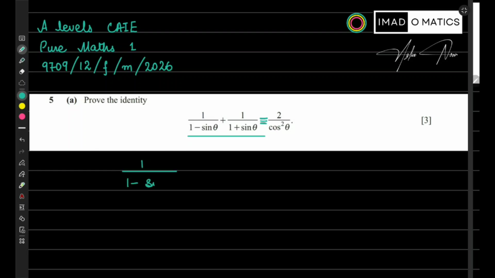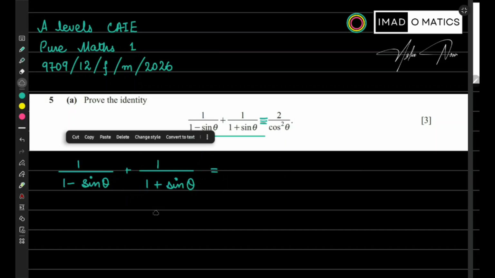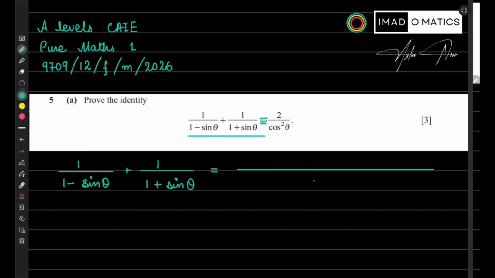1/(1 minus sine theta) plus 1/(1 plus sine theta) will give you, we are taking common denominator, LCM. So our common denominator or LCM would become 1 minus sine theta times 1 plus sine theta.